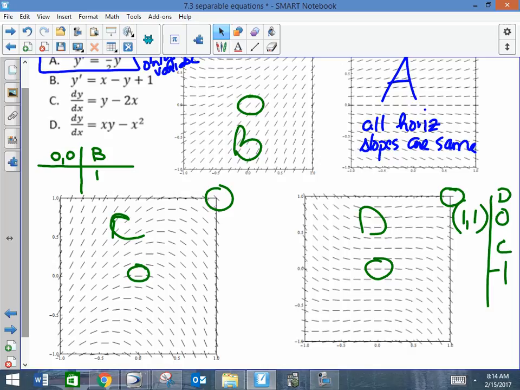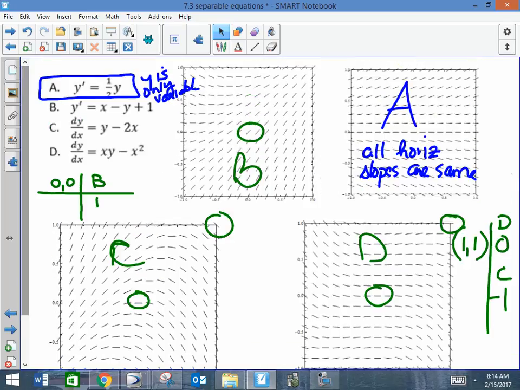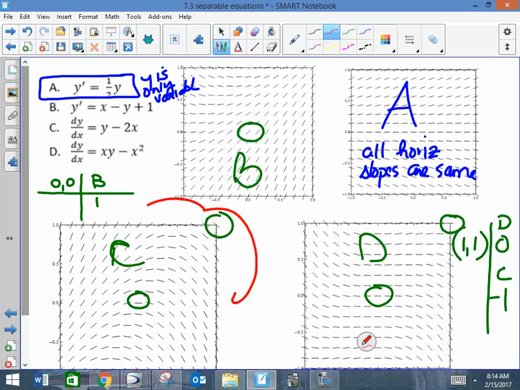So this is a matching you would probably do on the AP test. You would probably be told, find the slope field for A, and here are your 4 choices, or find the slope field for B, and you would have the 4 choices. It also could be, here's your slope field, which equation is that?